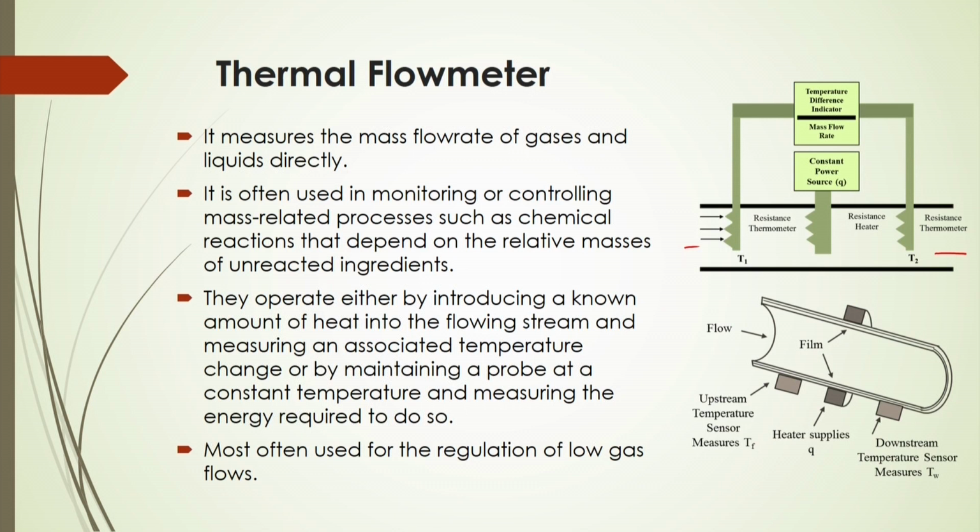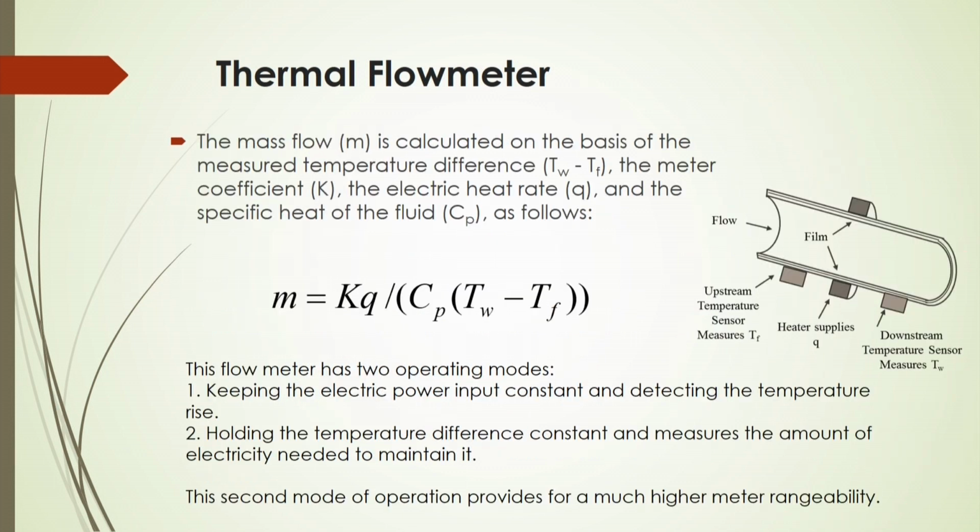When fluid is flowing there, this figure shows how the upstream temperature sensor and downstream temperature sensor temperatures change after supplying heat as amount Q from the surface of the pipe, and then based on those temperature differences you will be able to calculate the flow rate there.